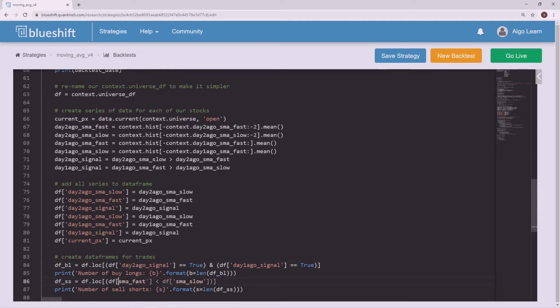So now let's look at the sell data frame. As you can probably tell, if both of these signals are false, so basically if they're flipped, then those stocks are going to be in our sell strategy. We don't need to recreate the wheel here, right guys?